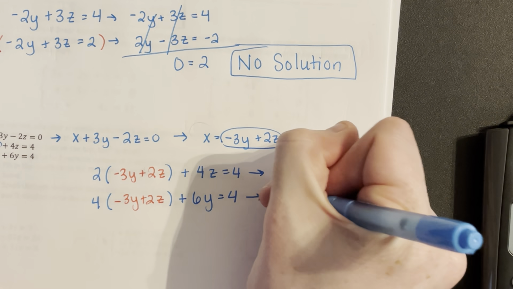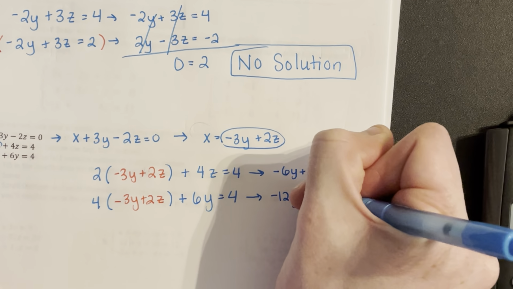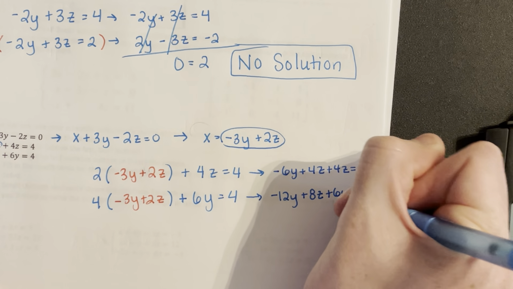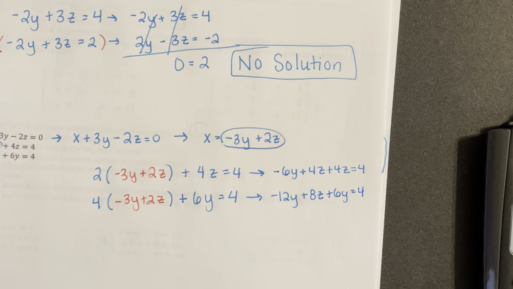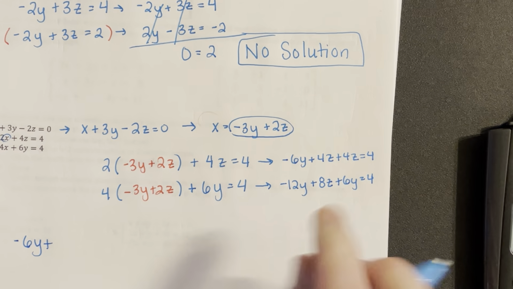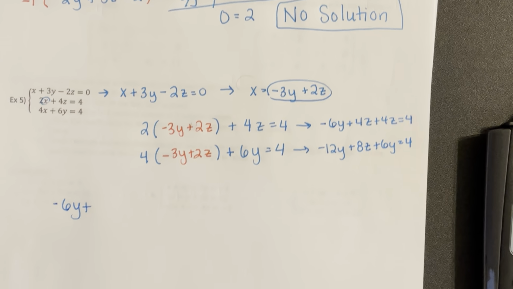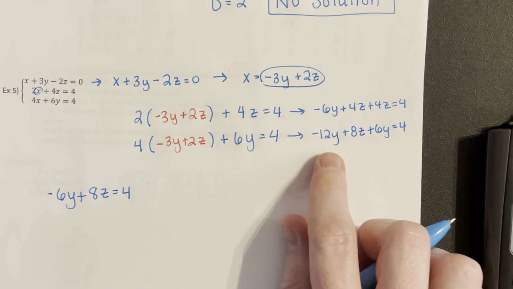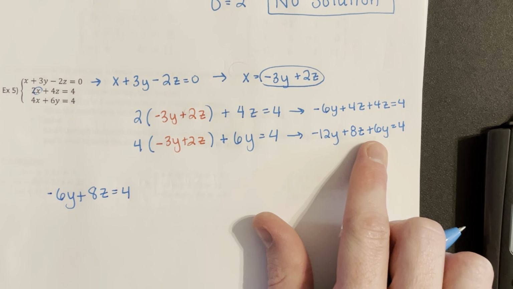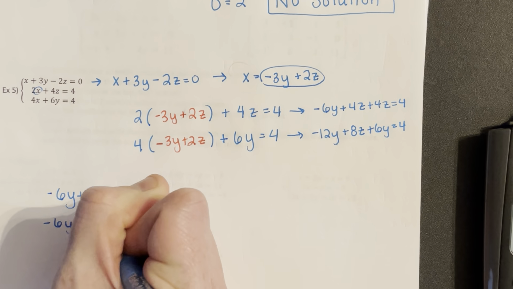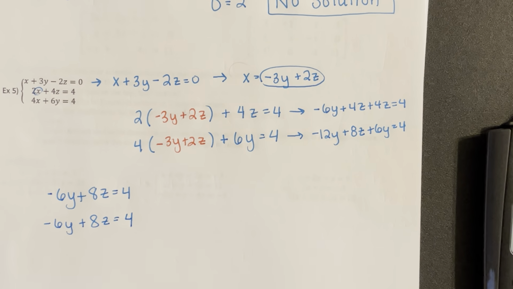And negative 12y plus 8z plus 6y equals 4. Those are all in terms of y's and z's. So I'm just going to simplify that down. That's negative 6y plus 8z equals 4.